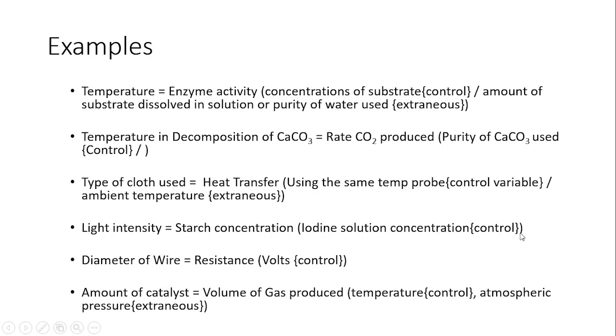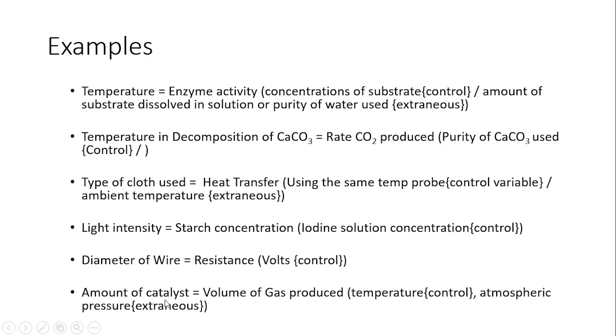You would want the iodine solution concentration or purity controlled as much as possible. In the wire experiment, you would give the same amount of volts, and you would use the same length of wire since you're changing the diameter of it. Stuff like this. These are control variables.